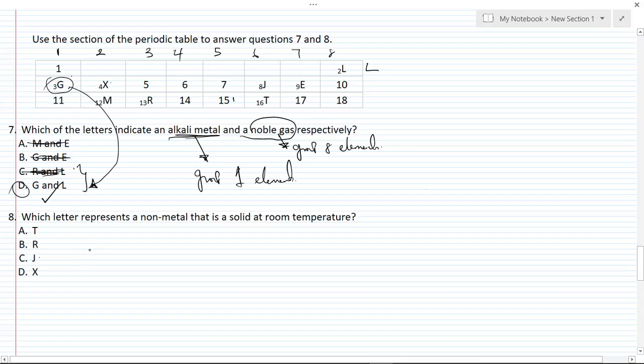Question 8 says, which letter represents a non-metal that is solid at room temperature? So first off, what exactly is each letter? Letter T represents sulfur. Letter R represents aluminium.